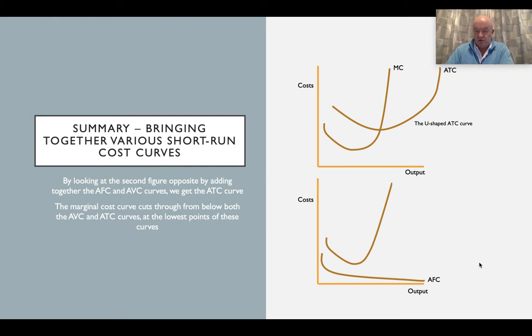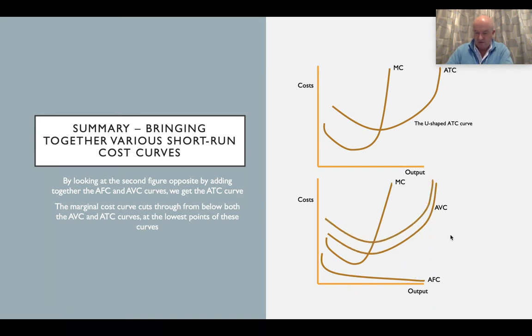If we draw in our marginal cost curve again, and then also draw in our average variable cost, you can see clearly that to calculate our average total cost, we're going to need to take average fixed cost and average variable cost and add those two things together.